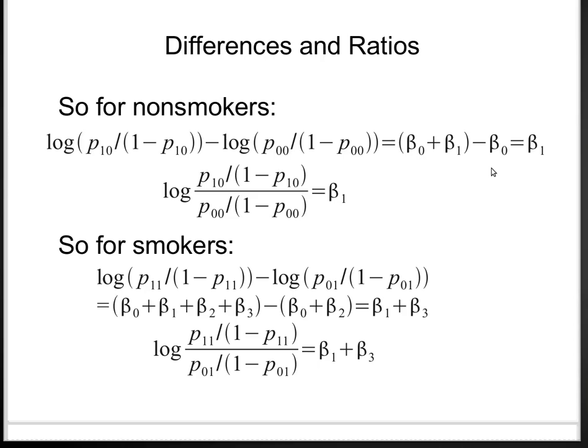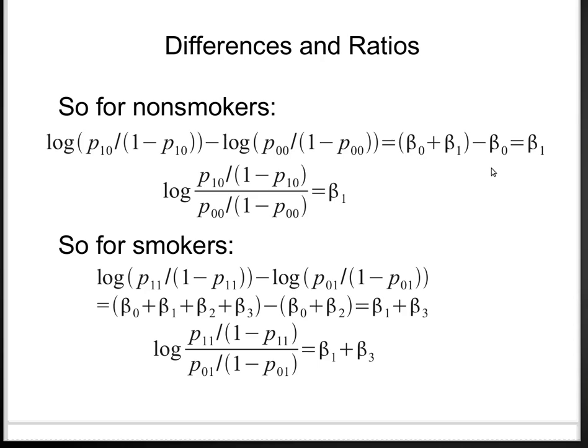Again, by taking the fact that the difference between the 2 logarithms is the logarithm of the ratio, we see that the log of that particular ratio is beta 1. What is that? Well, that's the log of the odds ratio for the non-smokers.